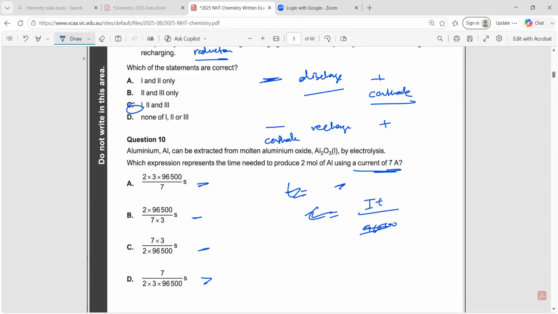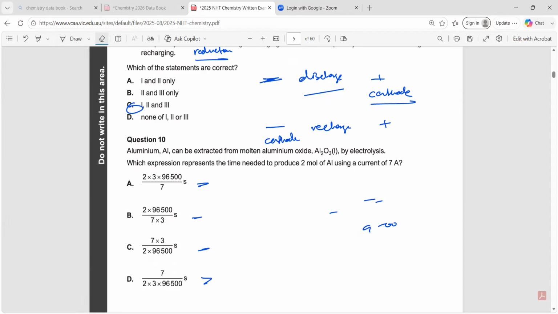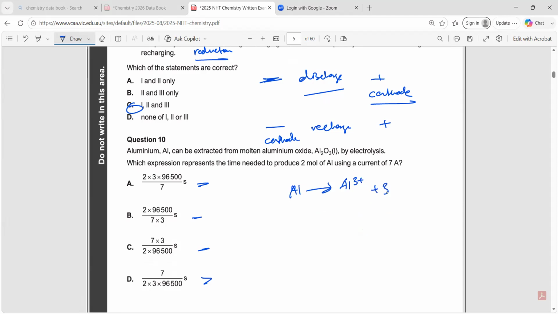So okay, cool. I'm going to work backwards here because I kind of forgot how to do it. Basically, we want to produce 2 moles of aluminum, right? All I really want to get out of this is that there's a 1 to 3 ratio.